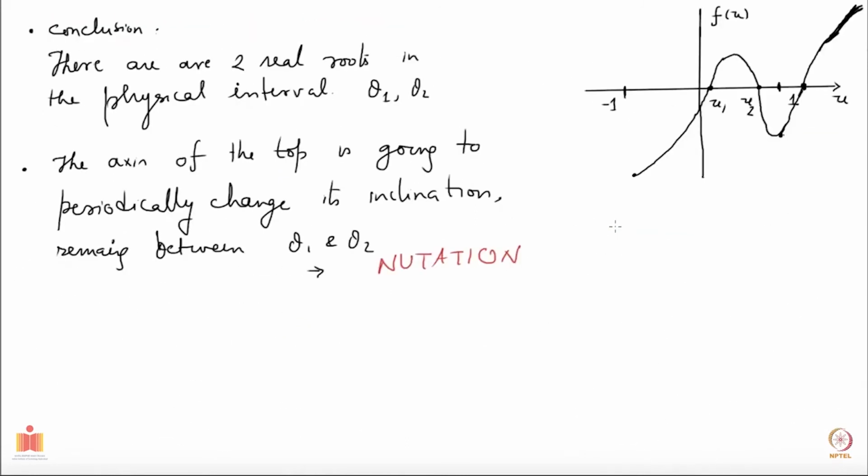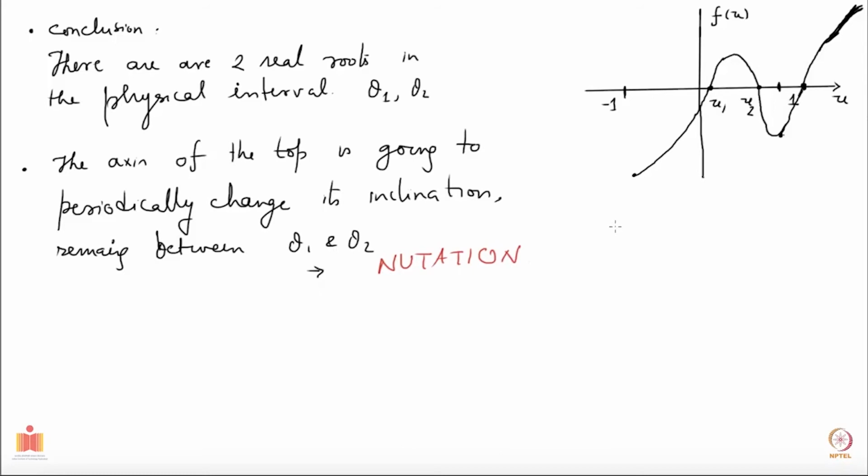We are not going to solve in detail the entire motion of the top, nor are we interested in it. I'm not so keen on knowing what will be the value of theta 1 and theta 2, given the parameters which describe this top. I'm fairly happy in knowing that the motion is such that the inclination is going to change with time, and it will remain between these two.